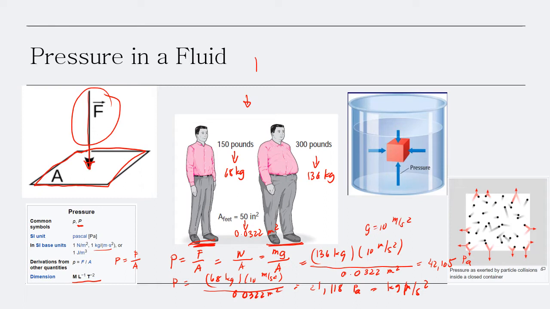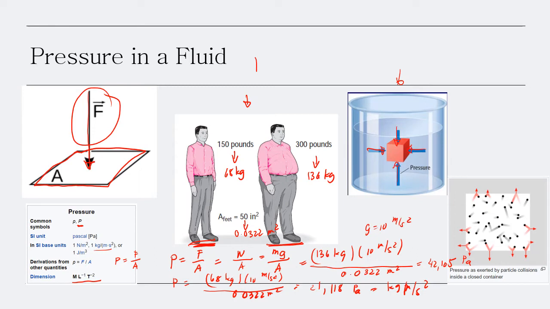So in this case, if we place an object inside a container that is full of water, the pressure will exert a force in all directions, perpendicular to the object.